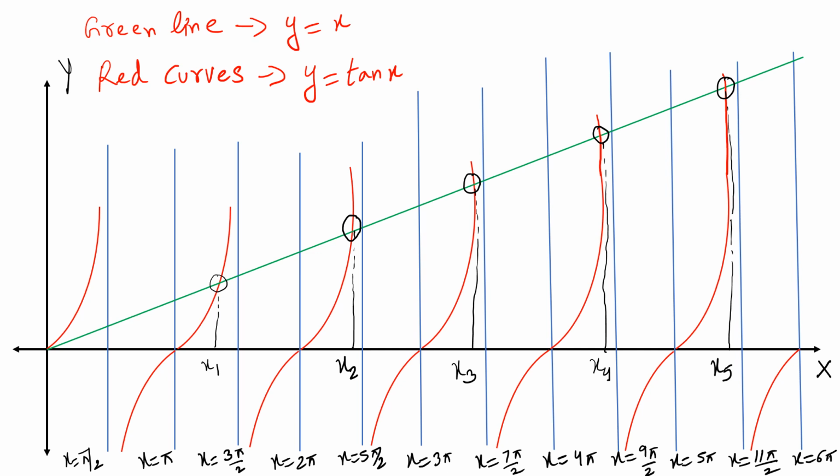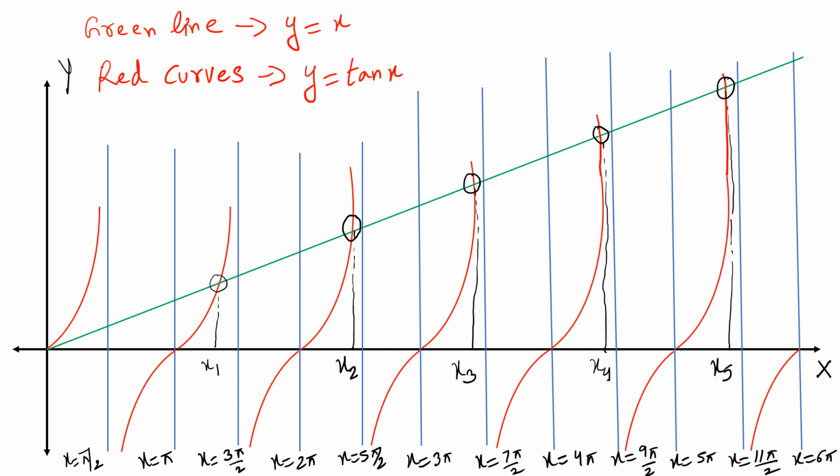Apart from x equal to 0, they are intersecting in 5 points whose x coordinates are x1, x2, x3, x4 and x5. Now students, x1, x3 and x5, they all lie in the third quadrant, and x2 and x4 lie in the first quadrant.